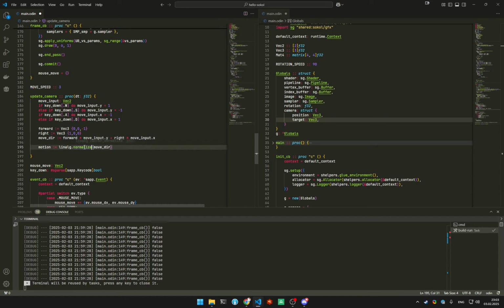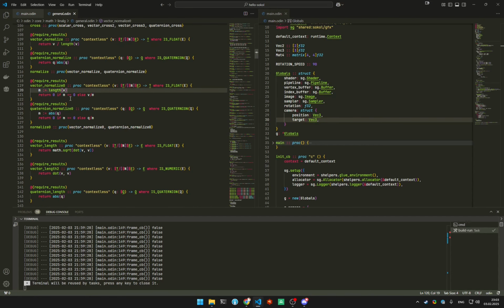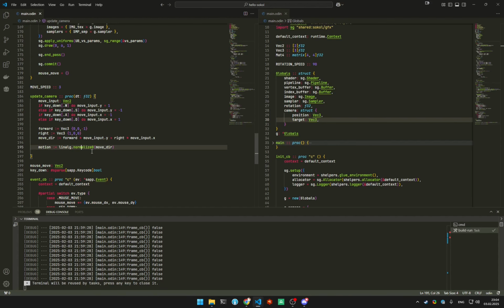And by the way, we don't want to just normalize, because normalizing a 0 vector, in case we don't have any movement, will return a weird value of not a number components in the vector. So the math library provides another handy function called normalize 0, which will always return a proper normalized vector. So it would just return a 0 vector for the motion, which is totally fine in this case.